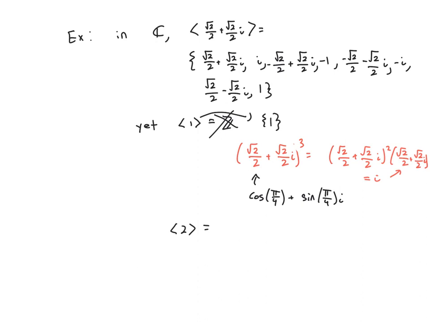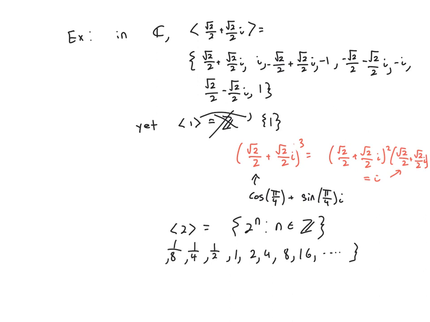What are you going to get? You're going to get 2 to the n, where n is any power, according to my theorem, which means you're going to get 1, 2, 4, 8, 16, all powers of 2. But you're also going to have 1/2, 1/4, 1/8, and so on. So here the cyclic subgroup is infinite in size.